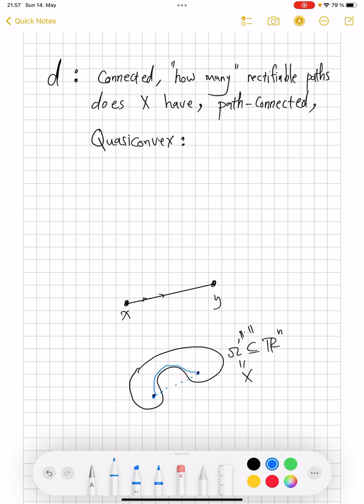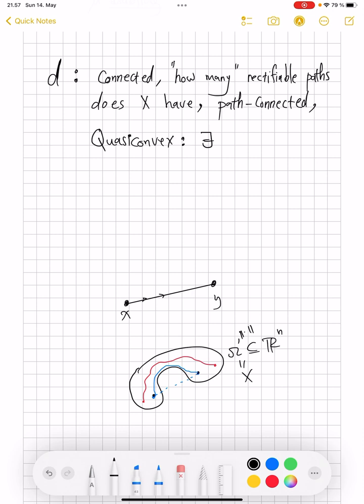However, in my picture, for example, you see that given any 2 points, maybe there is a path not that much longer compared to this distance. So this says, if we say a space is quasi-convex, and this again is just a metric property, you can discuss this without any measure.